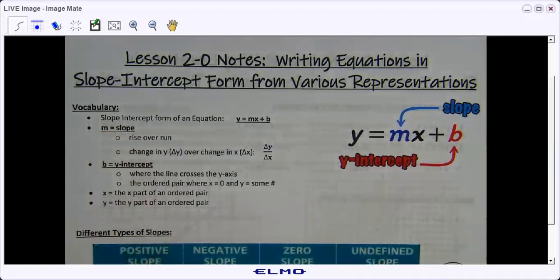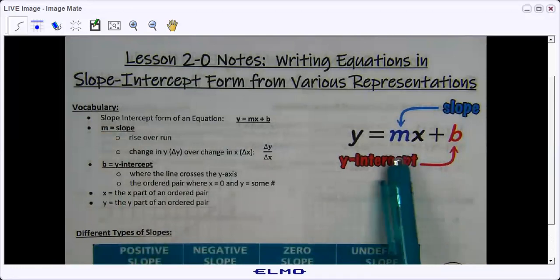Slope is also known as the constant of variation, and it is also part of direct variation. So you'll see different letters that the M turns into at certain points. Sometimes it's a K, sometimes it's an A. But for what we're going to be doing in this chapter, slope will be represented by the letter M.